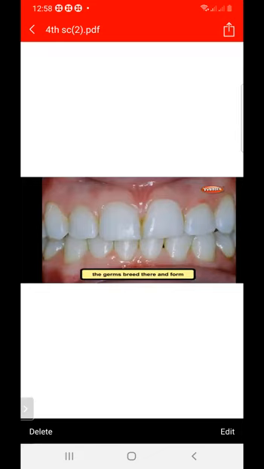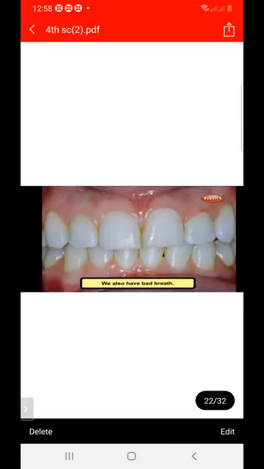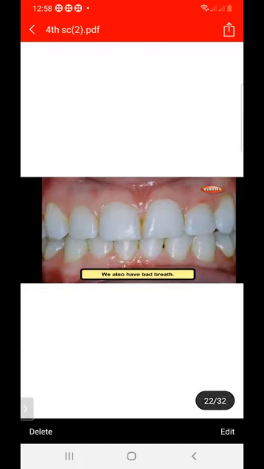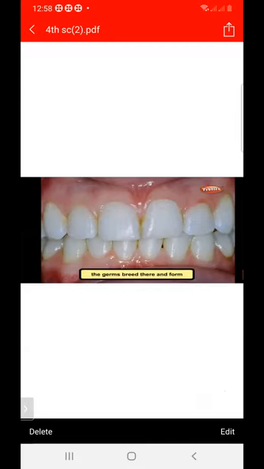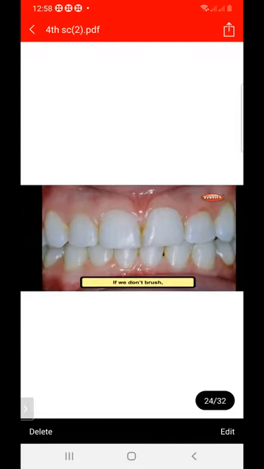The germs breed there and form a covering. Due to these, we also have bad smell, and the germs breed there and form a yellow covering. And this yellow covering is called plaque.